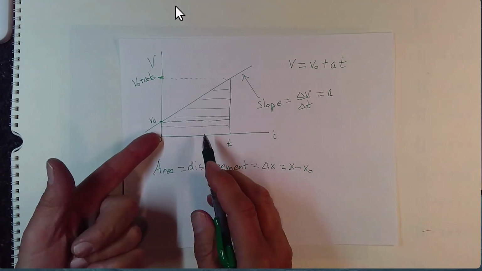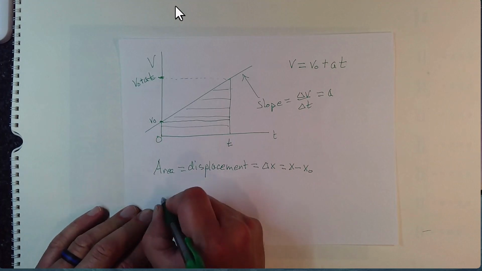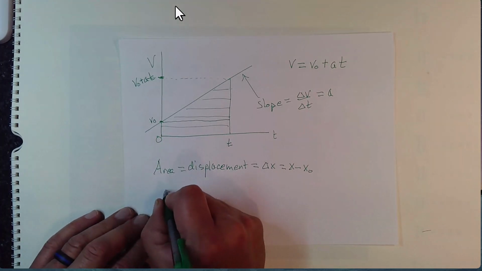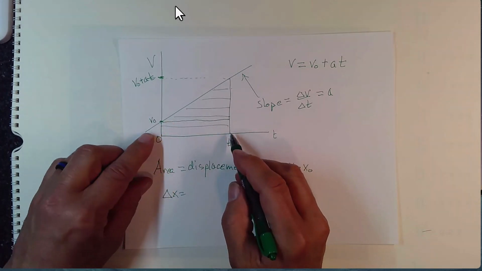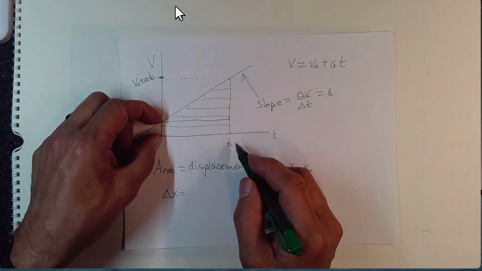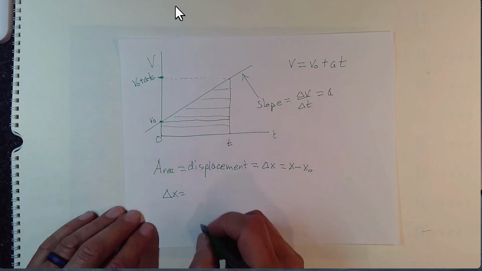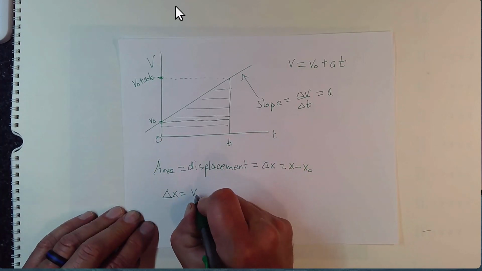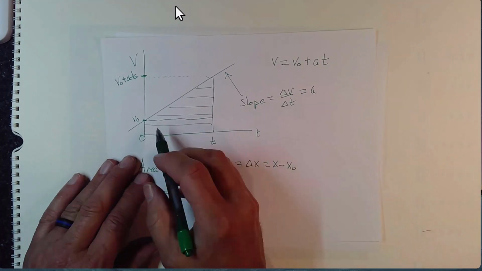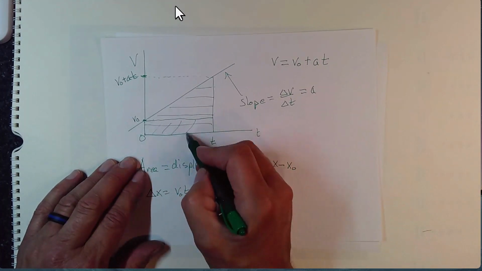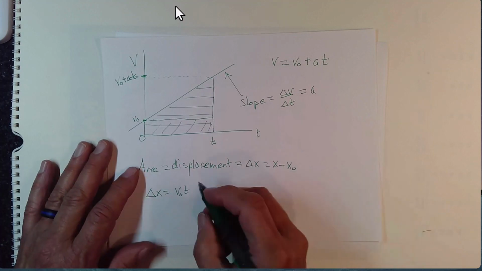Well, what's the area here going to be? Let's figure it out. The area is going to equal delta x. We've got a rectangle here that's going to have a height of v0 and a length of t. So it's going to equal v0 t. And that's just the area of this rectangular part down here. What about the triangle?